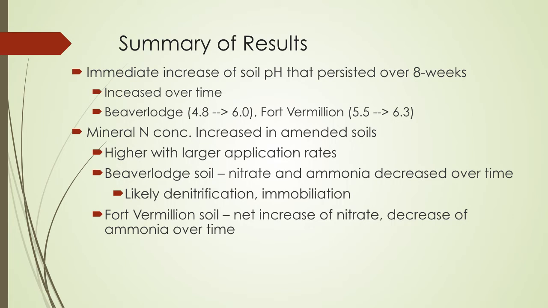And the authors attributed this to denitrification processes and immobilization. For the Fort Vermilion soil, over the incubation period, there was a net increase in nitrates and a decrease in ammonia, like the Beaver Lodge soil.